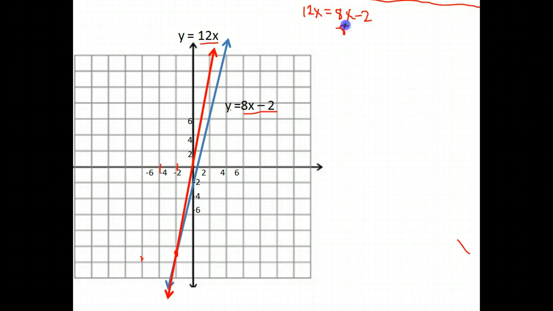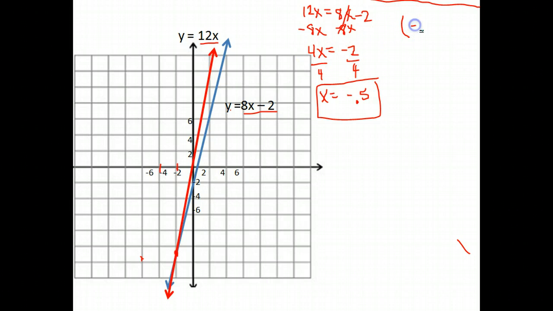I have a positive 8x here, so if I subtract 8x, whatever I do on one side, I have to do on the other. 12 minus 8 gives me 4x, and that's equal to negative 2. Divide both sides by 4, and x equals negative 2 divided by 4, which is negative 1/2, or negative 0.5. So that's the x for where they intersect. Remember, they intersect in a point, so the x value of my point is negative 0.5.